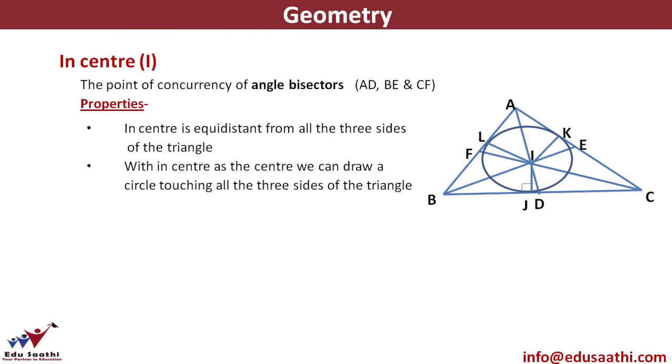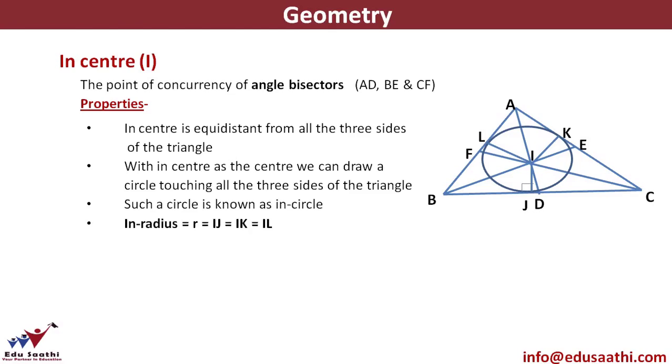Therefore, with in center as the center, you can draw a circle touching all the three sides of the triangle as shown in the figure. Such a circle is known as incircle because it is formed inside the triangle.